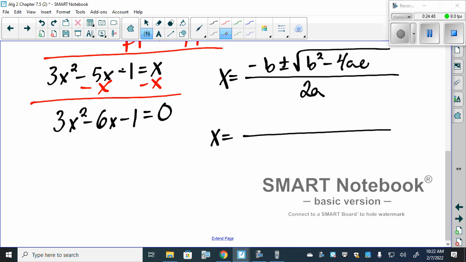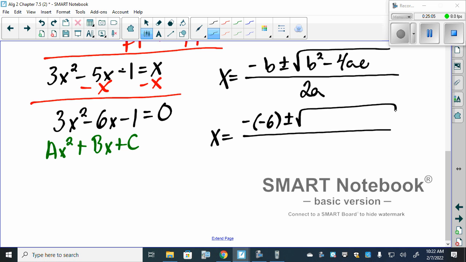And as a reminder, we're looking back at this as ax squared plus bx plus c. So in this case here, we would have negative b, which would be our negative 6, which is just really going to become positive 6, because the negative and negative make a positive.